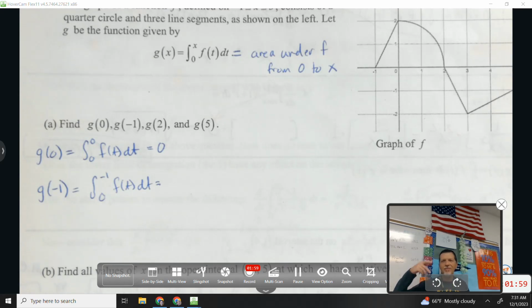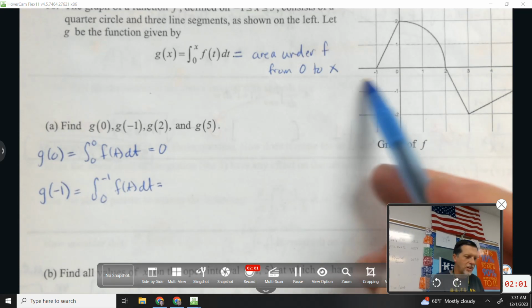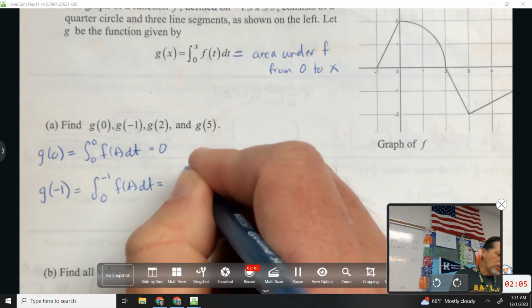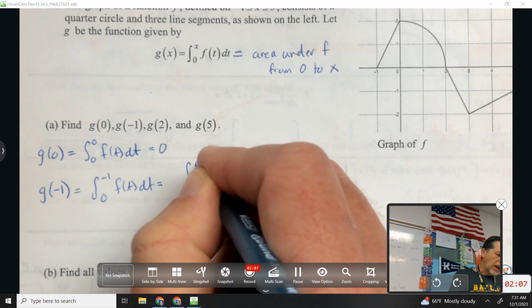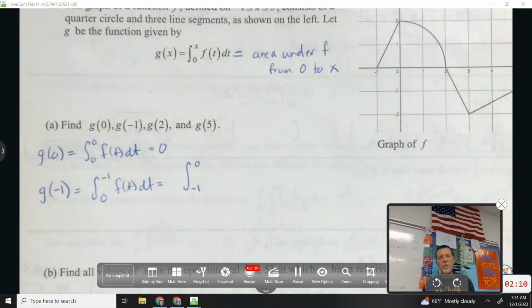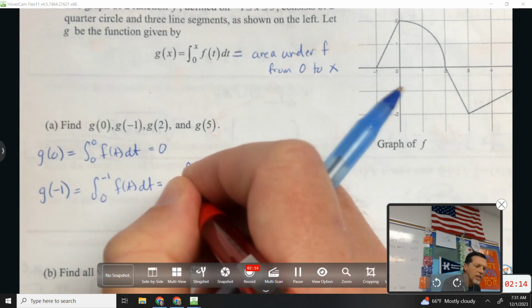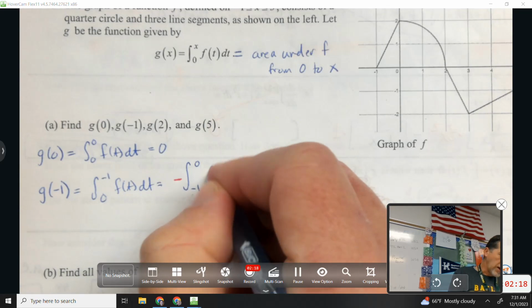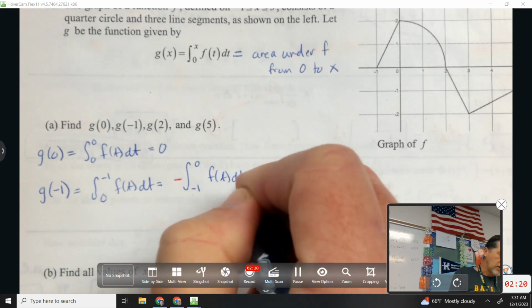Yeah, it feels backwards. From 0 to -1, that's backwards. So let's switch it to -1 to 0, and what price do we pay for switching it? A negative out front. So small price to pay to make it a little more recognizable, easier to deal with.